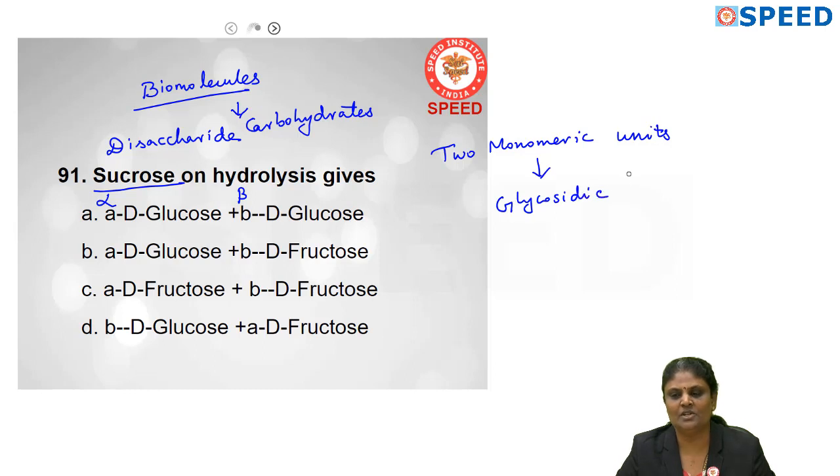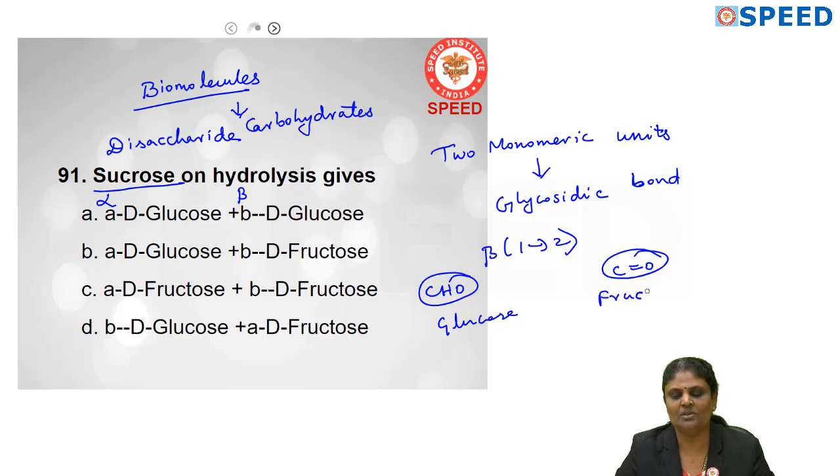This is a special type of bond present only in carbohydrates, as we already discussed in the classes. Here in sucrose, the beta 1,2 glycosidic linkage is present. The aldehyde part, CHO, in glucose and the C double bond O part, that is the ketone group, in fructose are involved in the bond formation.